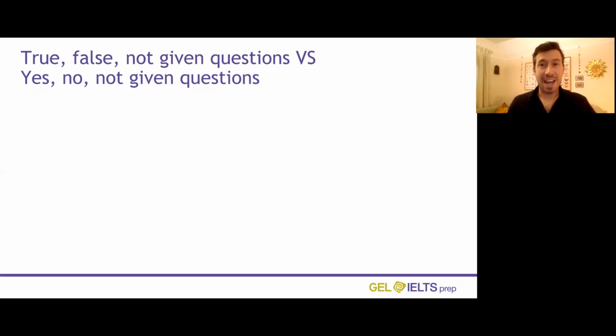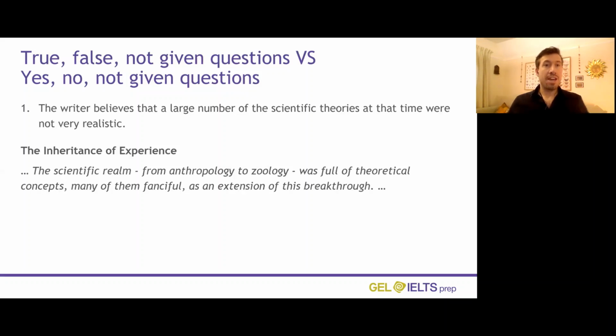So let's have a look at an example question. Well, here we've got the question and the part of the text that we're going to look at. So again, this procedure is the same as with true, false, and not given questions. So we still need to highlight the keywords. So let's look at this together. It says the writer, and we can see it says believes.